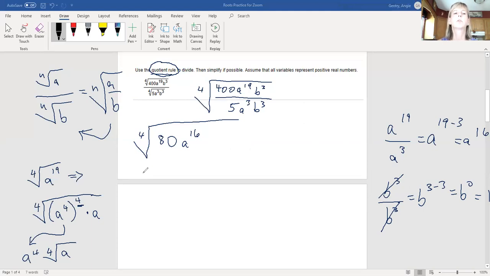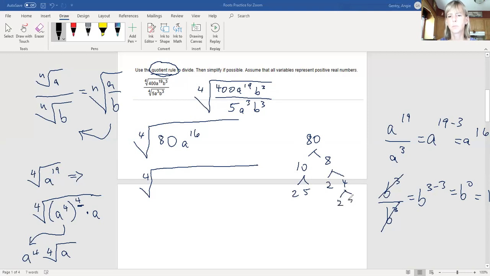Then you have to create those exponents. So we would take the 80, and calculator or not, I don't have one handy right now, and I don't feel like messing with it. These are all the primes that make up that 80. You learned this in pre-algebra and below. So what do you have here?